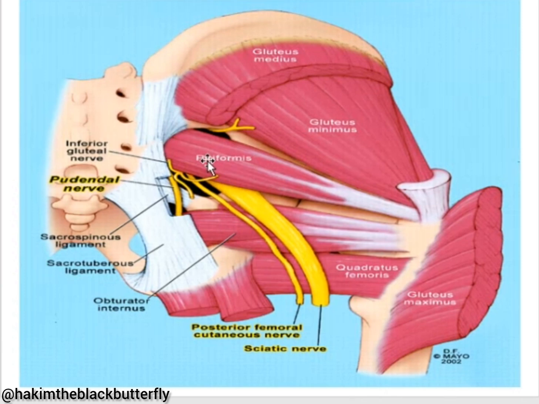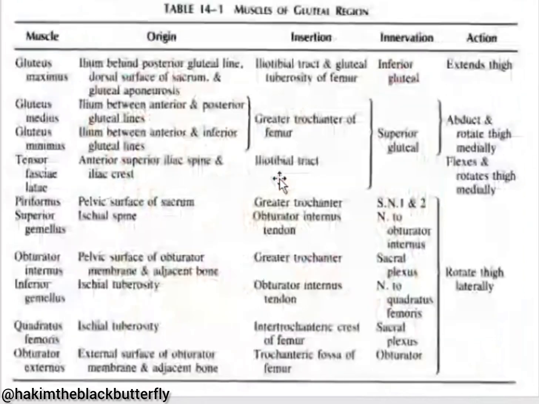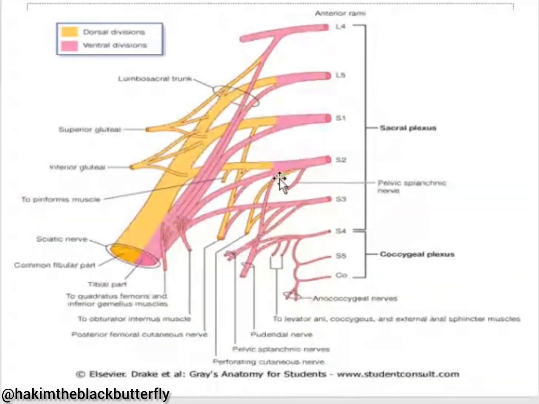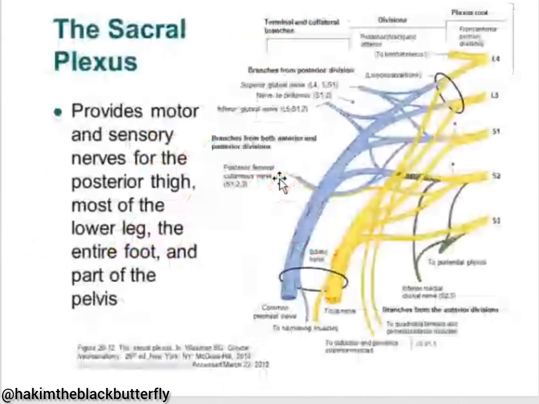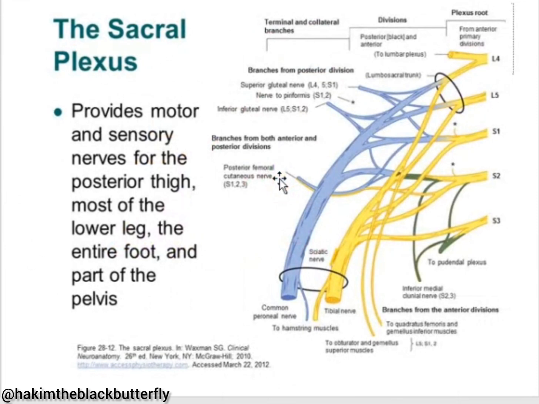So this muscle piriformis is supplied by the nerve to piriformis that we saw, from the sacral plexus, and that nerve also passes through the greater sciatic foramen on its way to enter the gluteal region to supply our muscle known as piriformis.